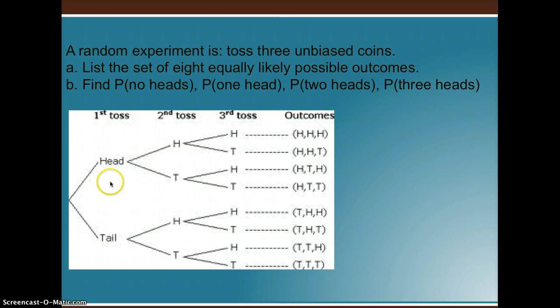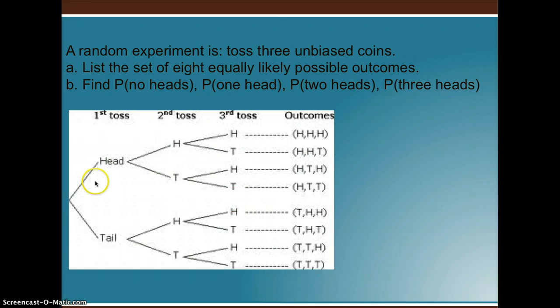Now on the second toss, if you get a head, on the second toss again you may get head or tail. Same in the situation if you get a tail, on the second toss you may again get head or tail. If you continue to the third toss, you will again get head and tail, head and tail.